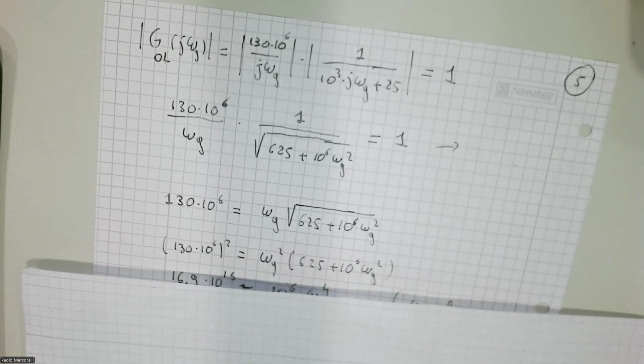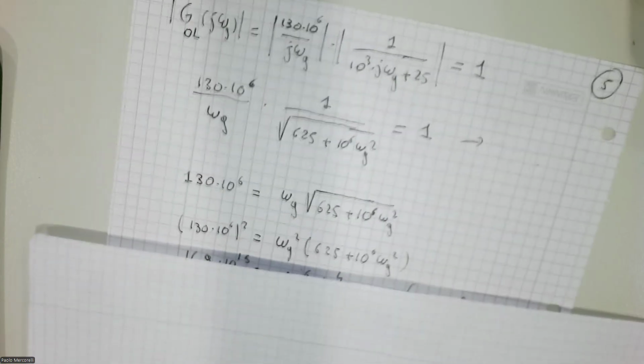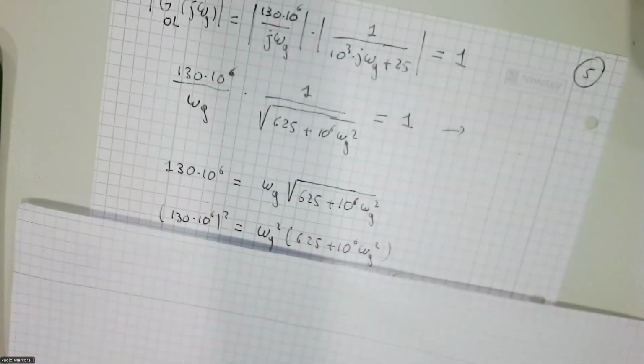You remember I told you last time the possible idea is to consider omega g squared equal to omega tilde. You remember this? Because we have a polynomial expression with a variable up to 4, the variable up to 2, and the variable up to 0.